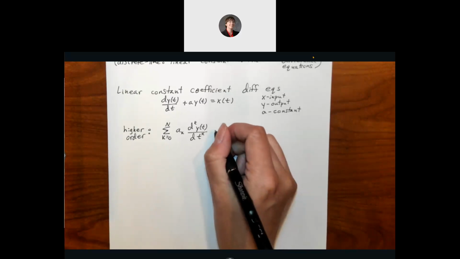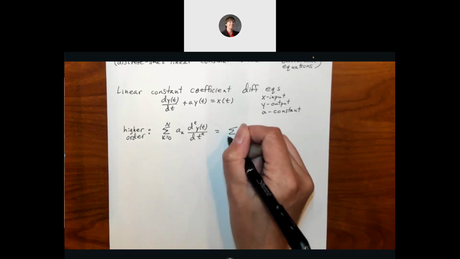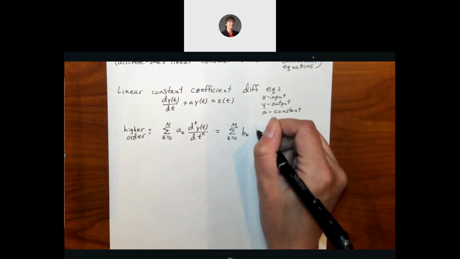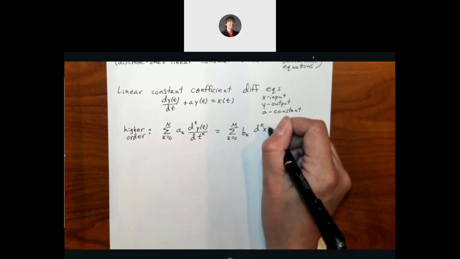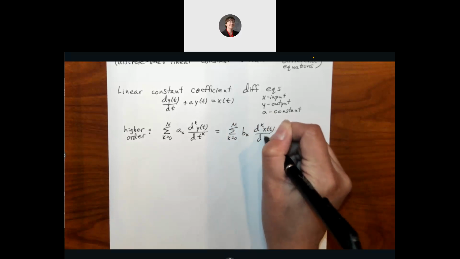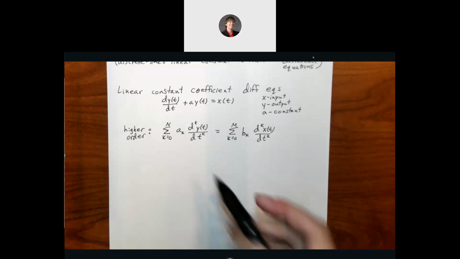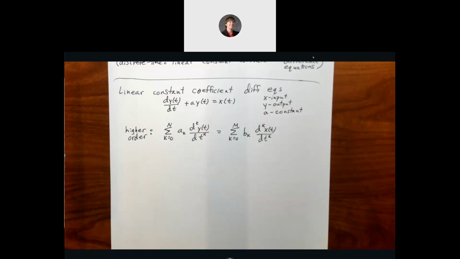You can do a linear combination of all of these derivatives of the output. And you can also do the same thing with the input as well. Right, so we can also have derivatives of our input signal. And this is still a linear constant coefficient differential equation.